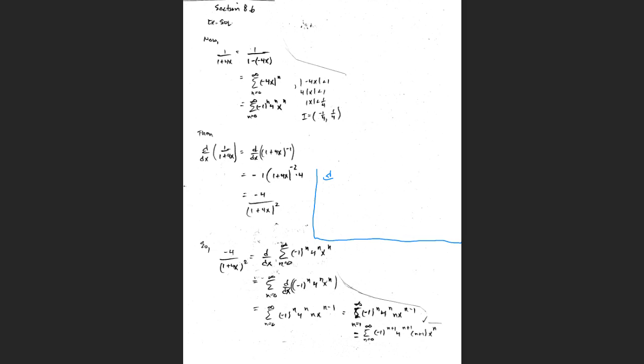So this is true. But this implies that the derivative of the power series for 1 divided by 1 plus 4x, because all we're doing is replacing the function 1 divided by 1 plus 4x with its power series. That's all we're doing.